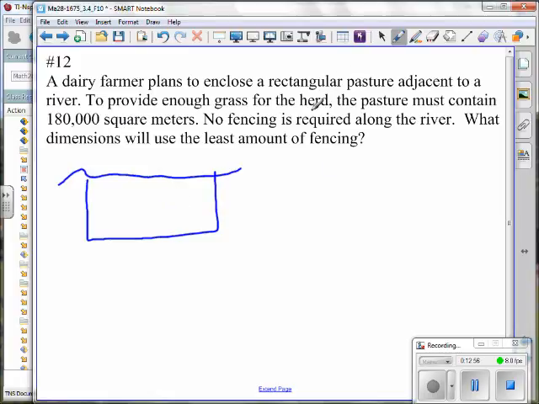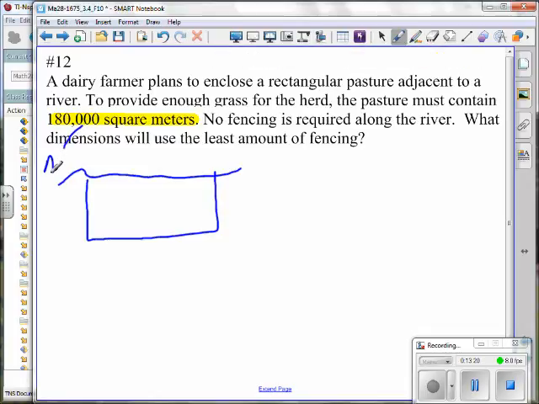To provide enough grass for the herd, the pasture must contain 180,000 square meters. What measure is that? So the area, now what gave it away? Square, yeah.